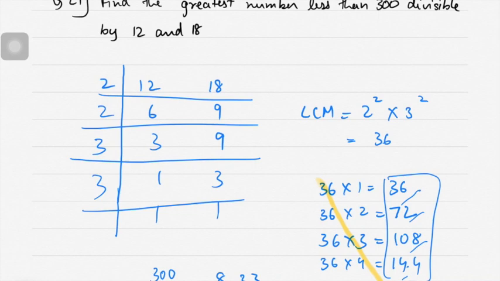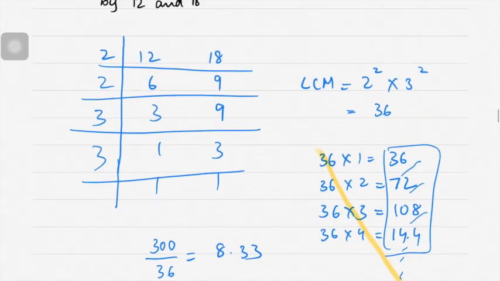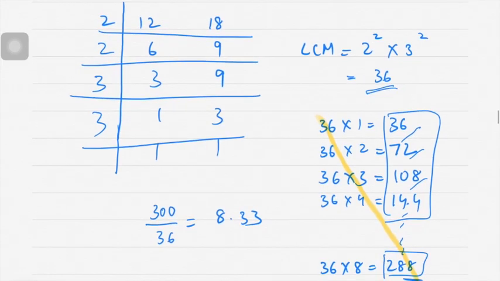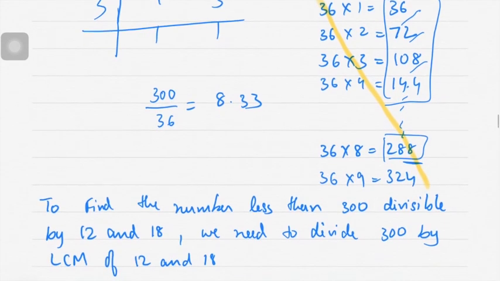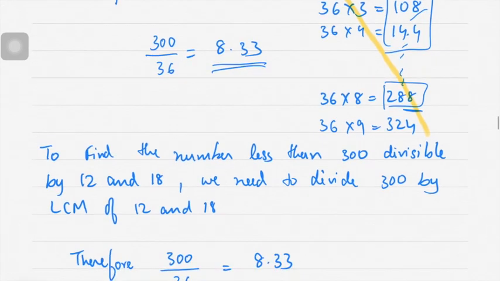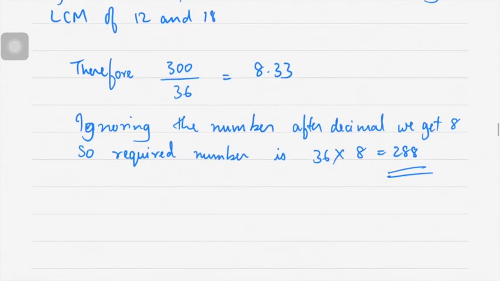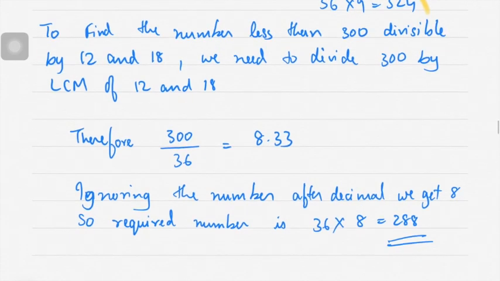But you want the greatest number which is divisible by 12 and 18, but it has to be less than 300. So you first calculate the LCM. Once you find the LCM, you divide 300 by that number. You will get 8.33. You will ignore the decimal, and you get 8. Then LCM into 8. When you do LCM into 8, you will get the final answer. I am assuming that everybody is able to understand.